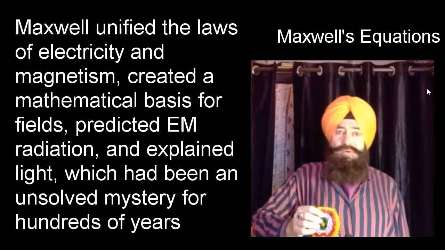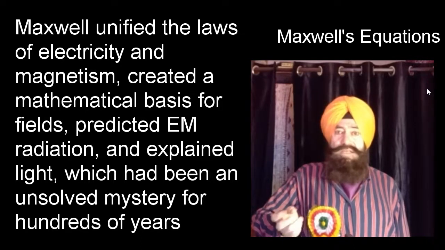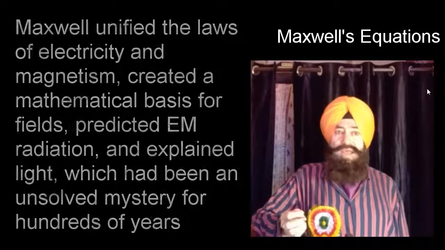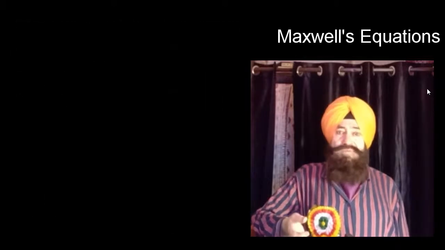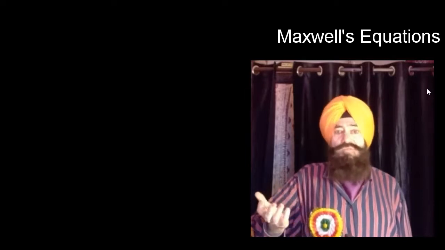Maxwell unified the laws of electricity and magnetism, created a mathematical basis for the fields, predicted electromagnetic radiation, and explained the light, which had been an unsolved mystery for hundreds of years.